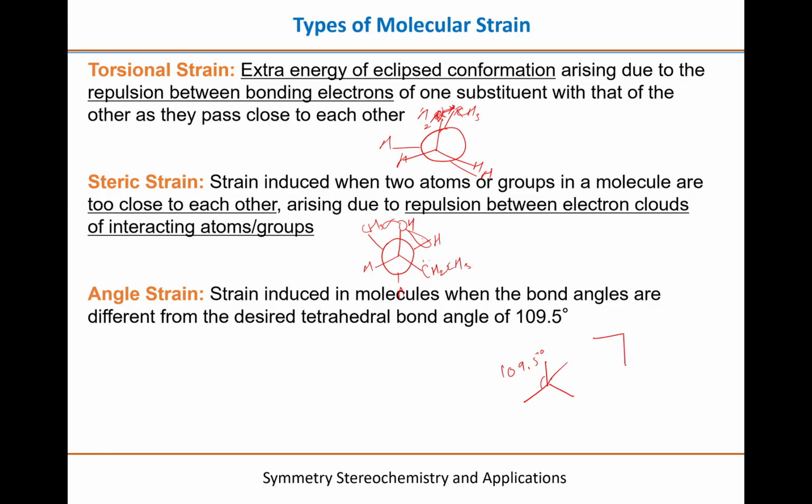If I keep it in a cyclobutane form, the angle will become 90, correct? So it is forcefully converted to this, and here the angle is low.